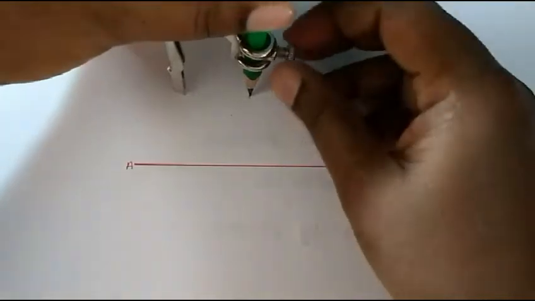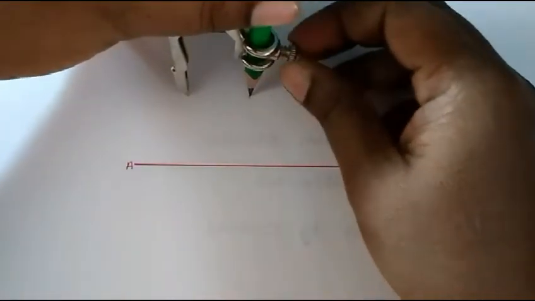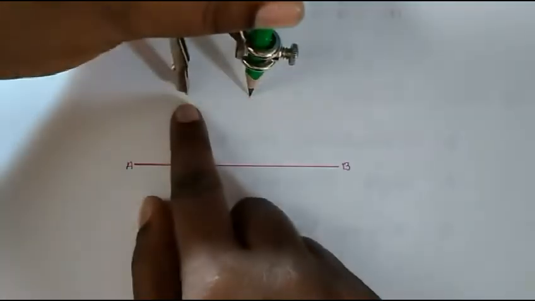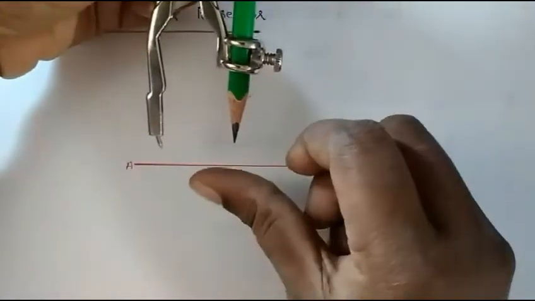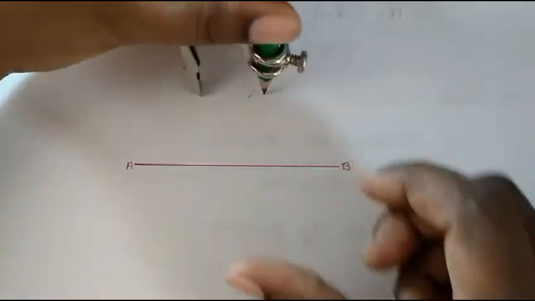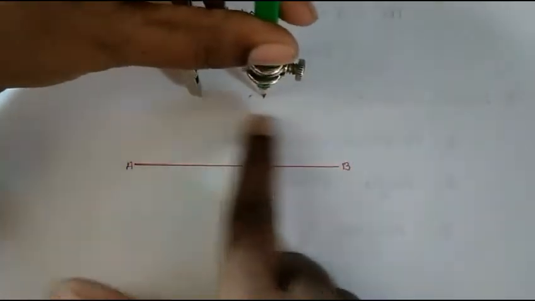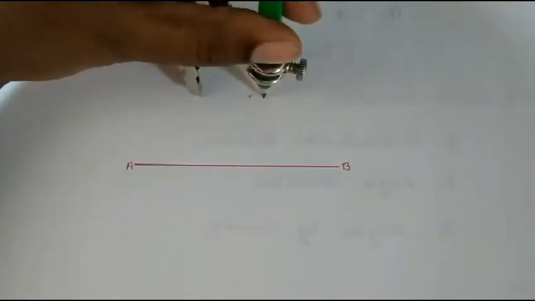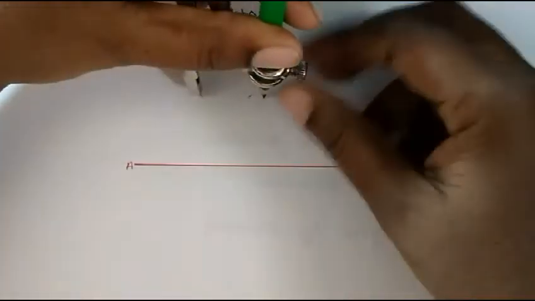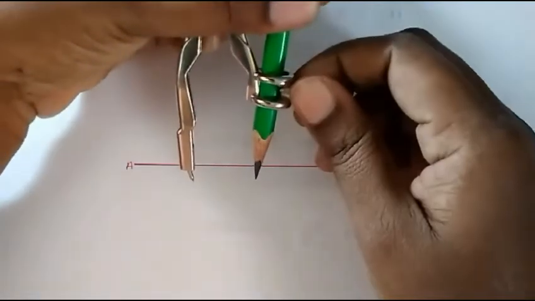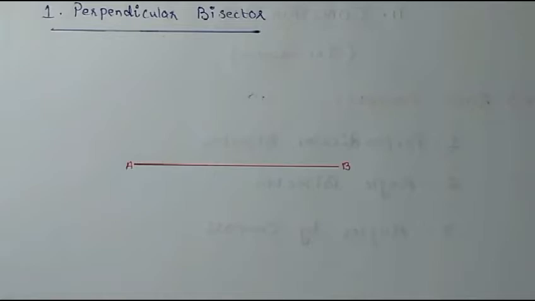Then only you tighten it, because it should be equal. Otherwise, when you do it with the hand, it can change. Once you tighten it, then we see how to draw a perpendicular bisector. Now let's see.